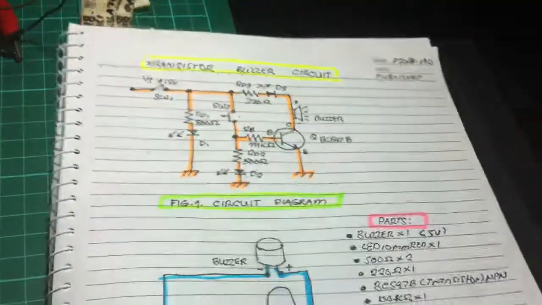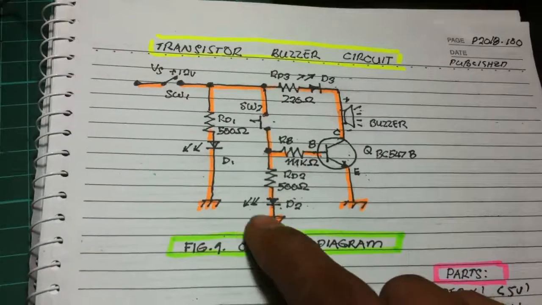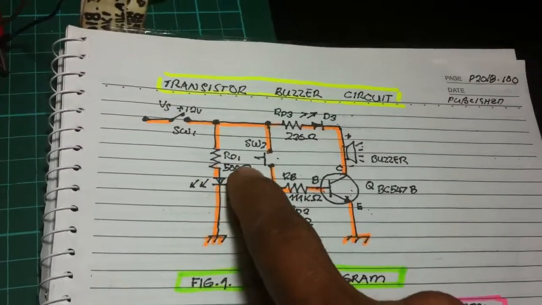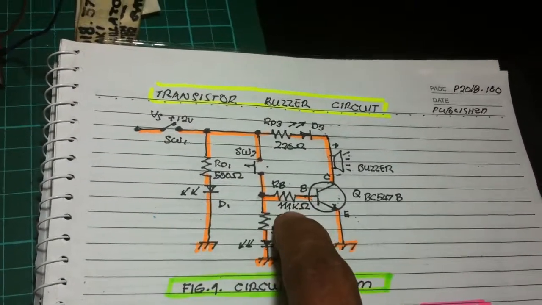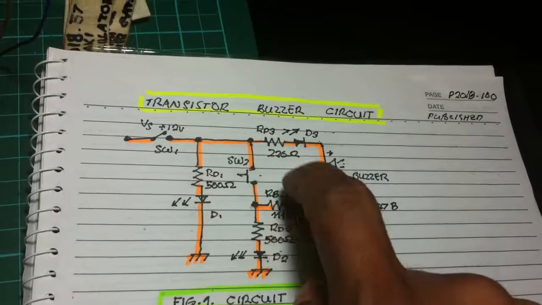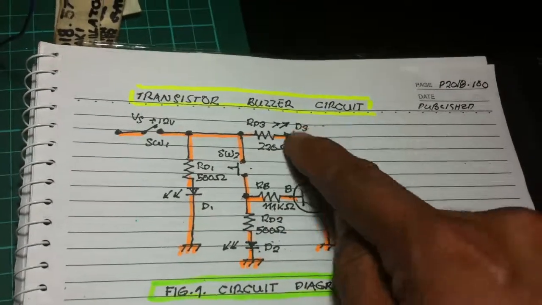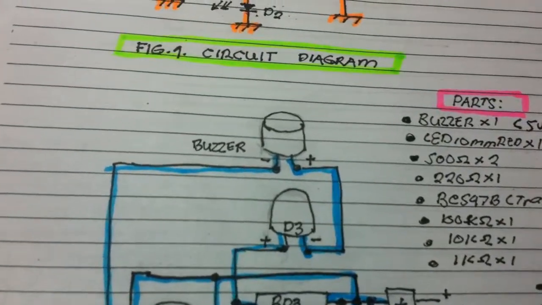Let us see the simplified equivalent circuit diagram. So we now have the value of 500 ohms for RD1 and RD2, 111 kilo ohms for RB, and 220 ohms for RD3, and we have this layout.